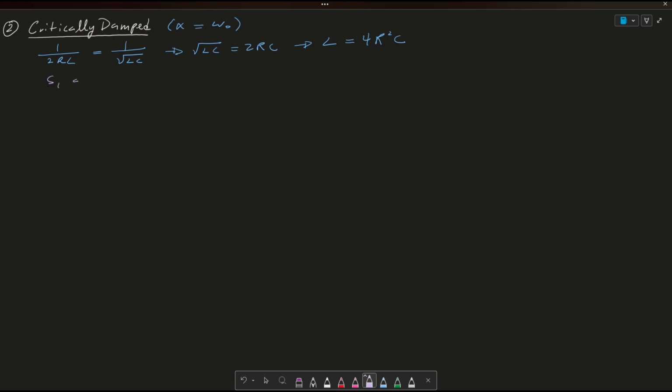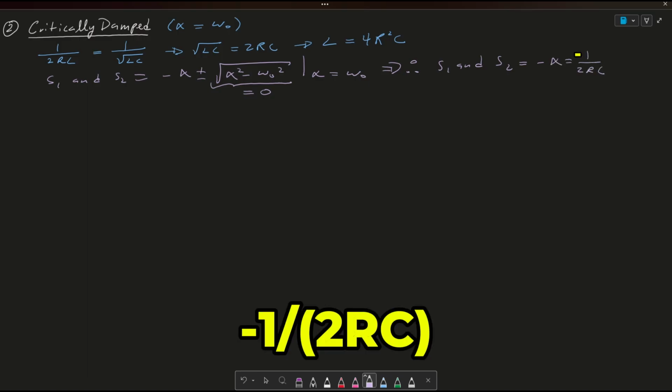Next, we know that S1 and S2 are equated to minus alpha plus or minus the square root of alpha squared minus omega naught squared. Since alpha is equal to omega naught, the term under my square root is equated to 0. Therefore, S1 and S2 are equated to minus alpha, which is just 1 over 2RC.